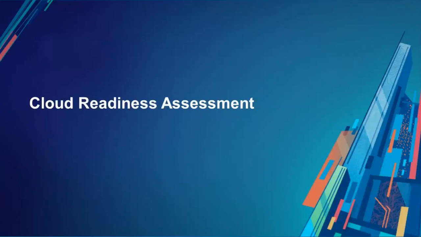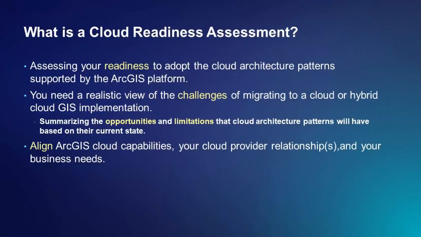Once we've looked at the current state and are confident that we understand what our roadmap is for GIS, if this involves cloud, then one of the next steps you really need to consider is something that we call a cloud readiness assessment.